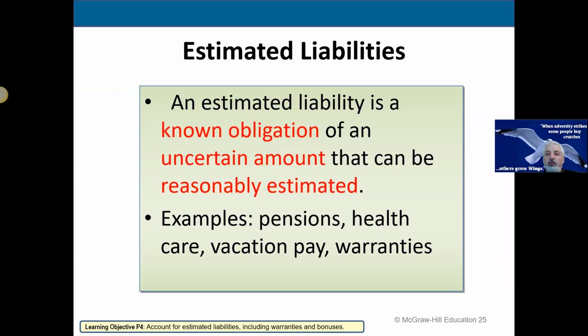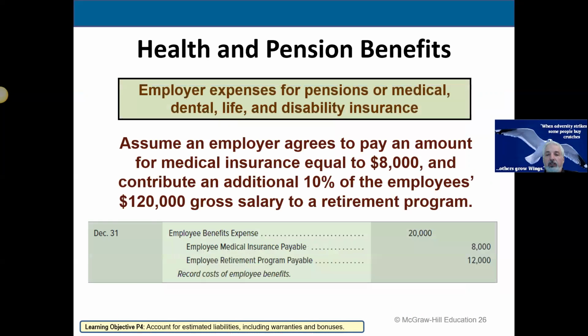Other things: pension, healthcare, vacations. We need to record vacations at the end of the year as a liability. We owe our employees vacations that they haven't taken yet. And there are warranties. We have to record warranties associated with the stuff we sell at the time of the sale. There's just some employee benefits.